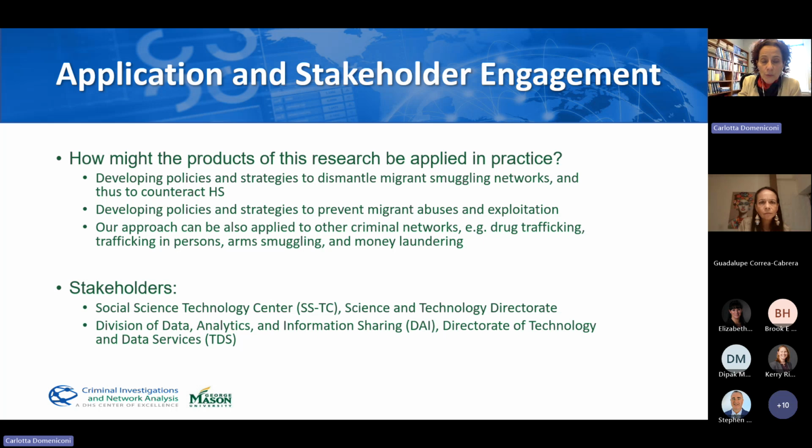It can be useful for developing policies and strategies to prevent migrant abuses and exploitation. Also, although our application scenario for this project is human smuggling, our methodology can be applied to a number of criminal networks, including drug trafficking, trafficking in persons, arms smuggling, and money laundering.